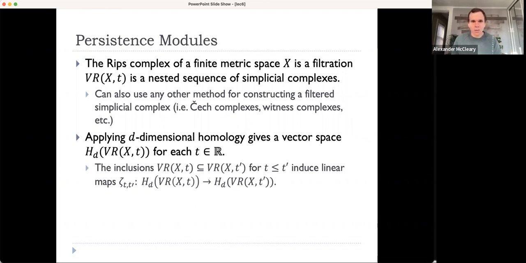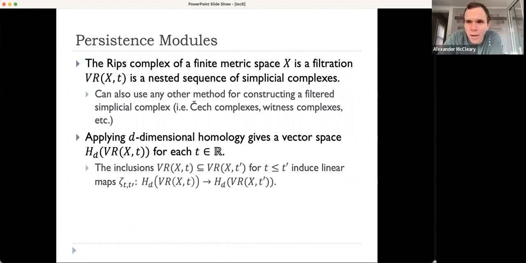So we start out with a sequence of simplicial complexes and inclusions between them. Applying homology is going to give us a sequence of vector spaces and linear maps between them. So we're going to have a linear map from the homology of the filtration at scale parameter t to the homology of the filtration at scale parameter t prime whenever t is less than or equal to t prime.